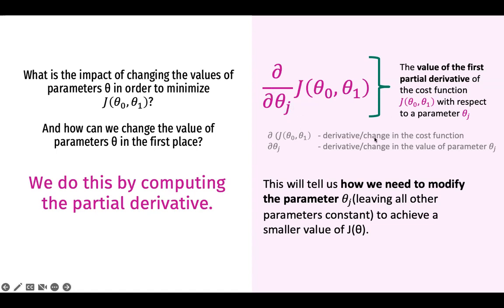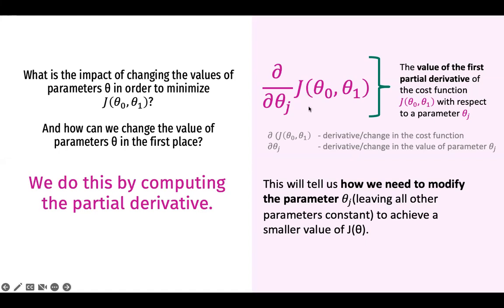So this numerator, the upper part, is the derivative or change in the cost function, while the partial derivative of theta sub j is the derivative or change in the value of the parameter theta j. This will tell us how we need to modify the parameter theta j to achieve a smaller value of j theta.